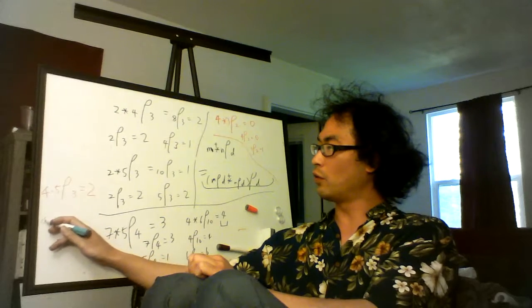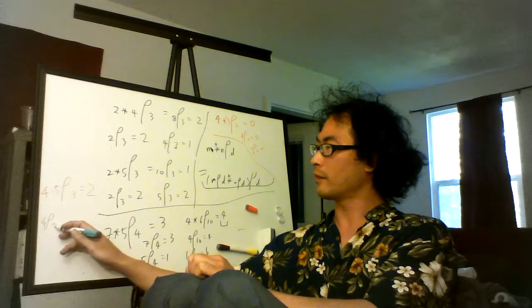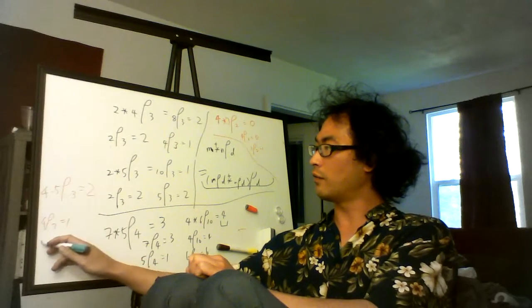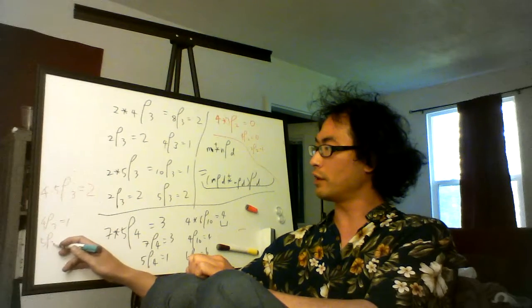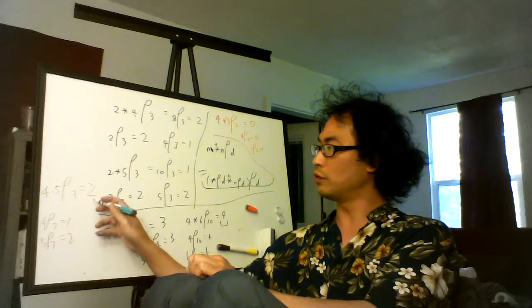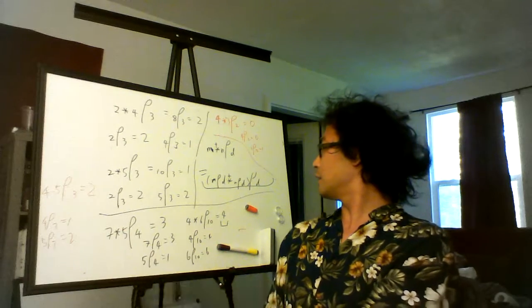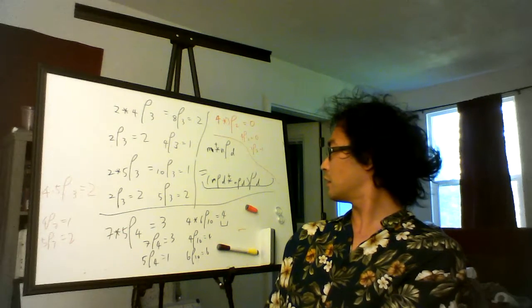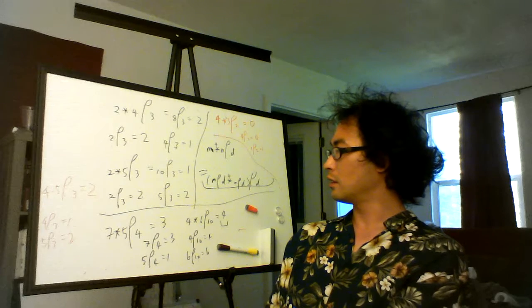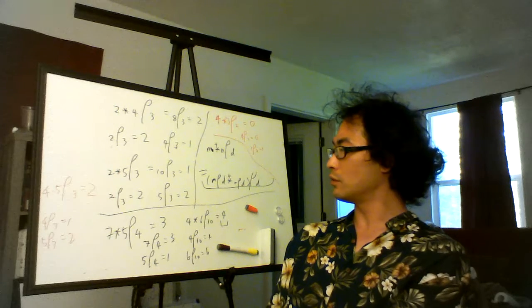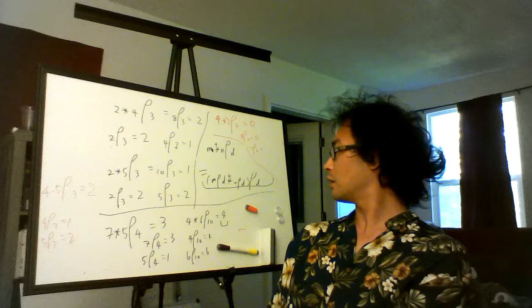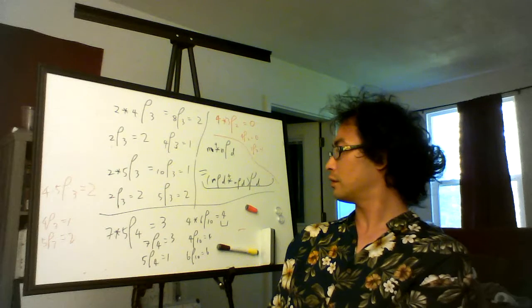How about 4 mod 3? Well, that's 1. 5 mod 3, that's 2. 2 is equal to 1 times 2. Okay, so I think it is working. It seems to be working.